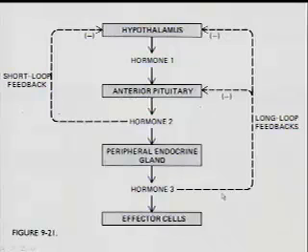Hormone or hormones 3 will have negative feedback through the long loop at gland 2 and gland 1. Short loop negative feedback is from hormone 2 to gland 1. There's even an ultra short loop negative feedback where hormone 1 can impact gland 1.